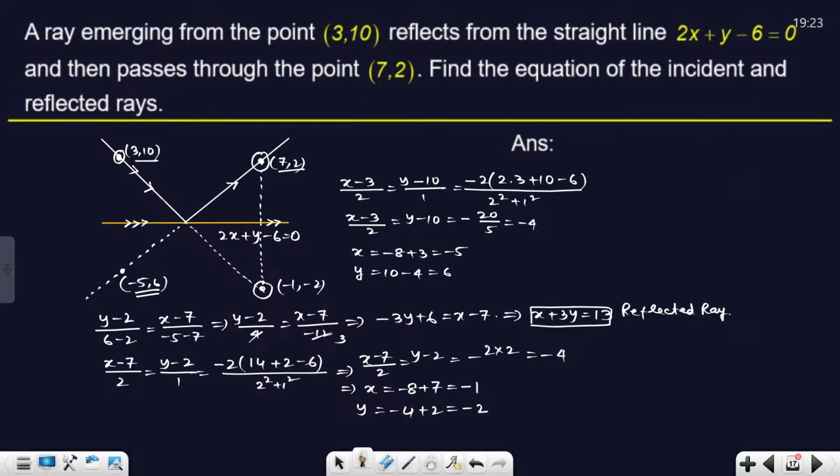Now you know 2 points on this incident ray. So you can find its equation easily, again by using the 2-point formula. This is the equation of the incident ray: y minus y1 by y2 minus y1 equals x minus x1 by x2 minus x1.